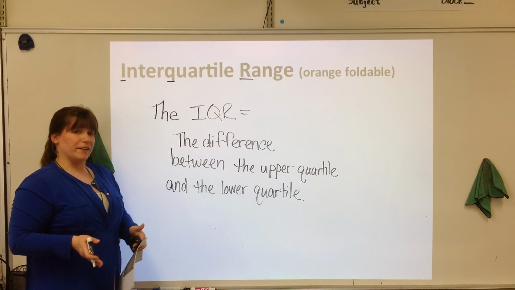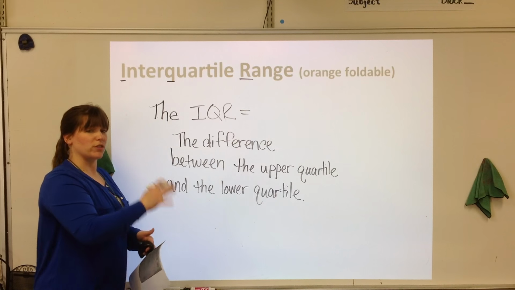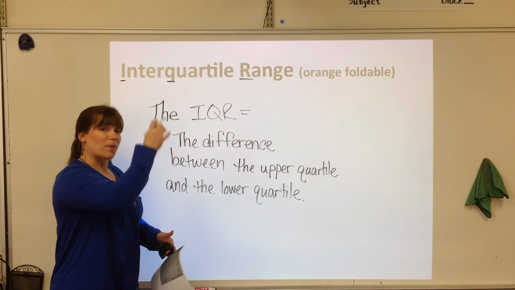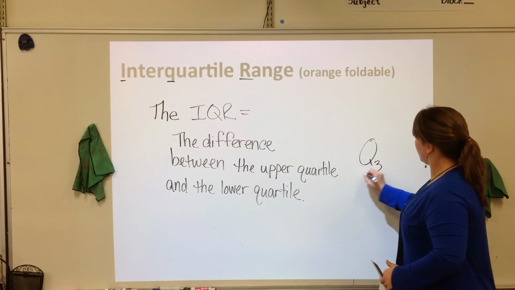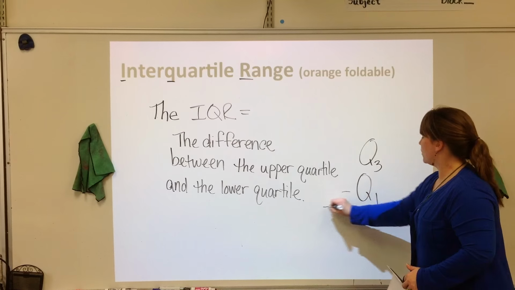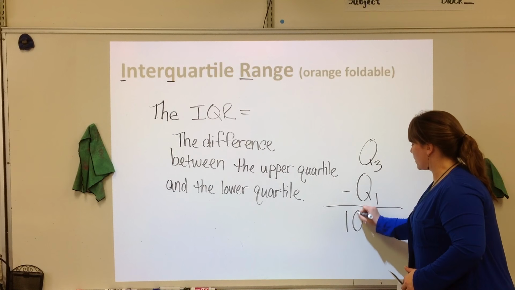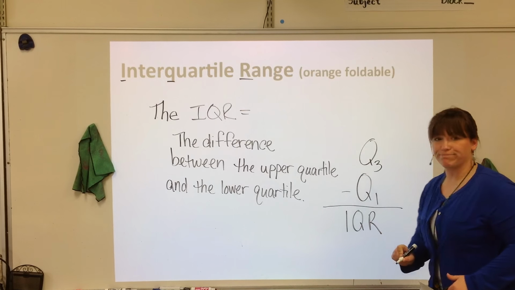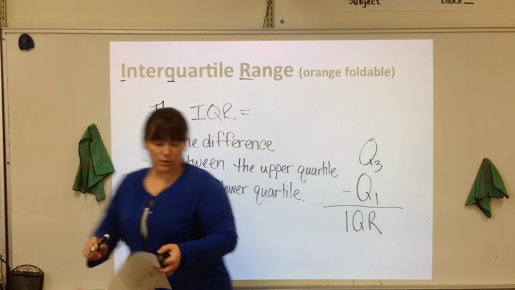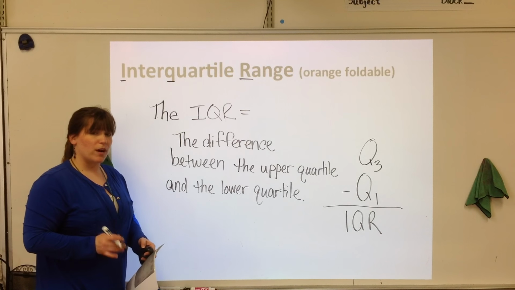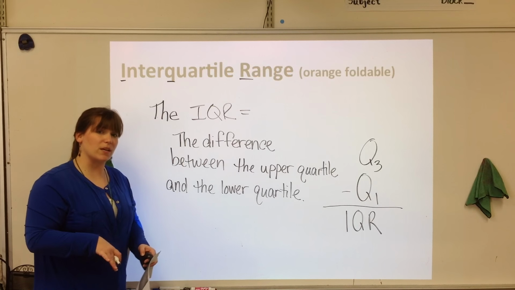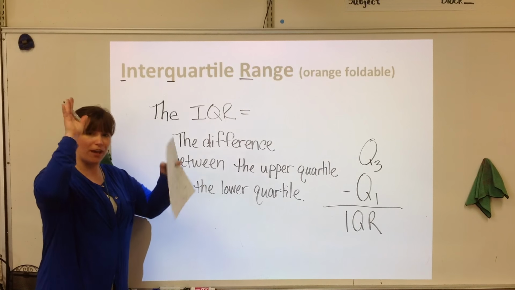So the shorthand way to remember it, you close that door, on the margin you're going to write Q3, Q1, we subtract it, we get the IQR. Okay? So make sure you have that in your notebook. We're actually going to turn the page after this, and we're going to just have a blank page.